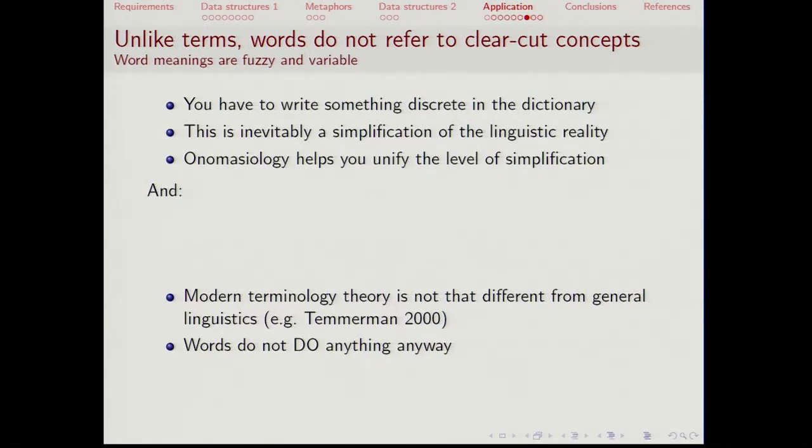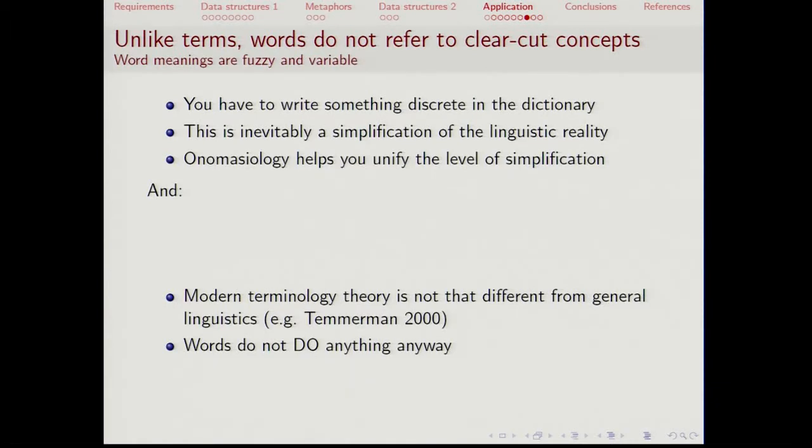First of all, this is not a popular view in terminology nowadays either. In terminology, you also, in very rare cases, have clear-cut concepts. In very strange normative contexts, you only can have concepts with clear edges. It's also fluid there, it's also fuzzy.